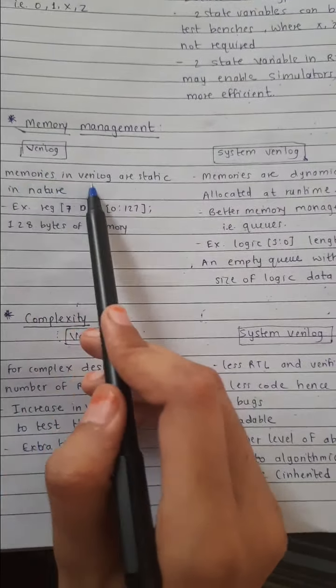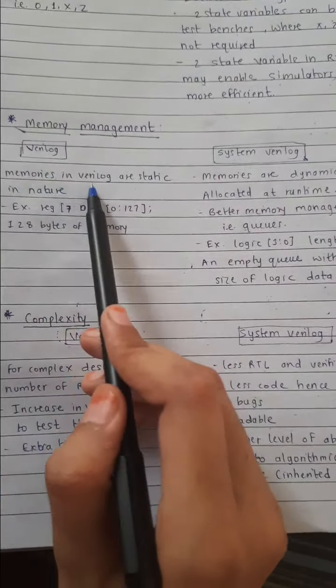In SystemVerilog, memories are dynamic in nature, allocated at runtime. Better memory management, that means queues are present, meaning sequences. For example, logic [3:0] q[$], which is an empty queue with an unbounded size of logic data type.